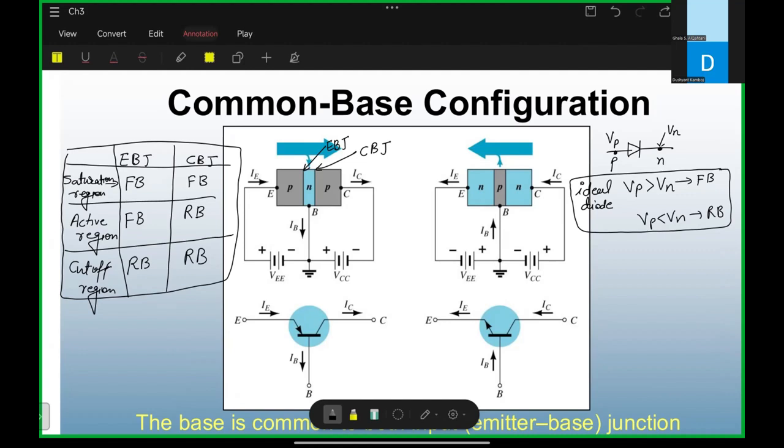Okay, can you see this structure? This structure. Can you tell me this emitter base junction is forward bias or reverse bias? Forward bias. And this collector base junction?